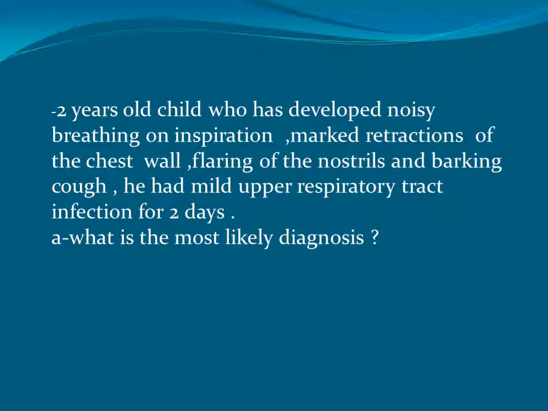Looking at this case scenario, we look at the age of the baby, which is around 2 years. He had noisy breathing, a sound on his breath mainly on inspiration, and there are signs of retraction, dyspnea, and retraction of the chest wall.